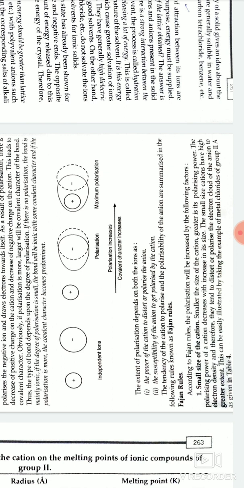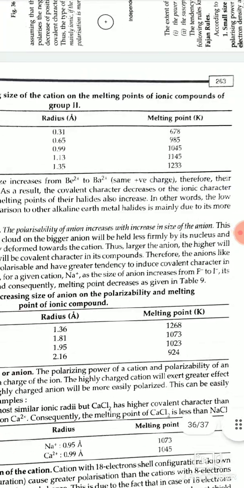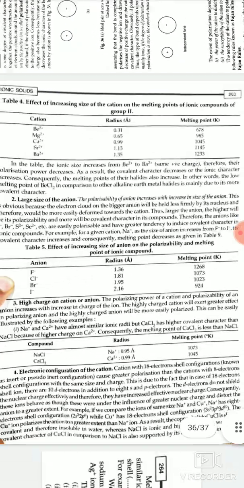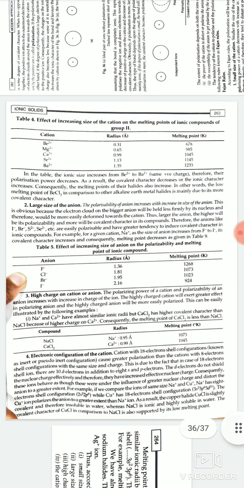This can be easily illustrated by taking example of metal chlorides of group 2A as given in Table 4. Table 4. Effect of increasing size of cation on the melting point of ionic compounds of group 2. Cation Be2+, radius 0.31, melting point 678.